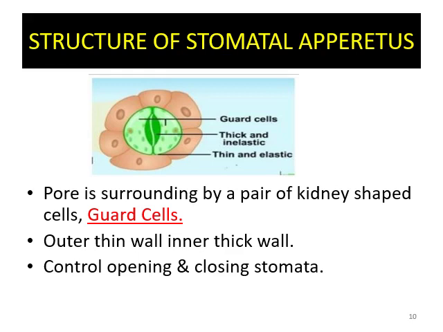The outer wall is thin and elastic, while the inner wall is thick and inelastic, which control their function of gaseous exchange and perform their function to control opening and closing of stomata.